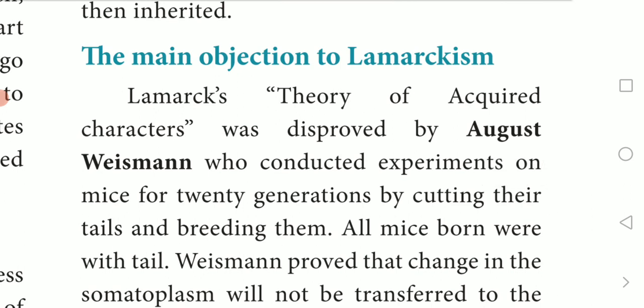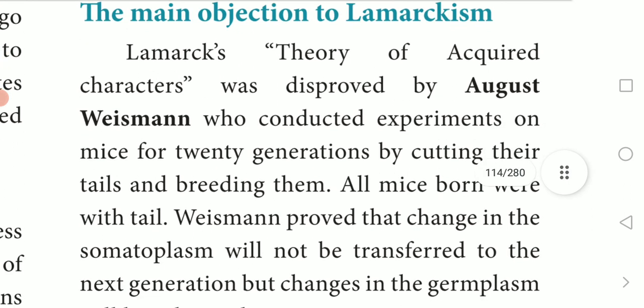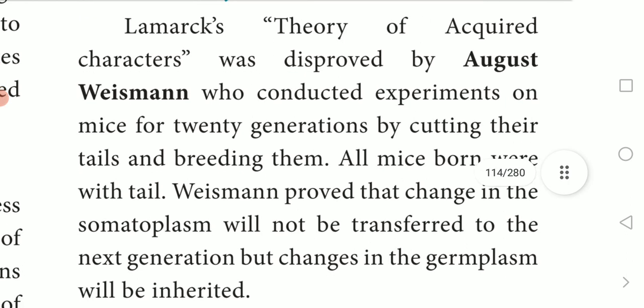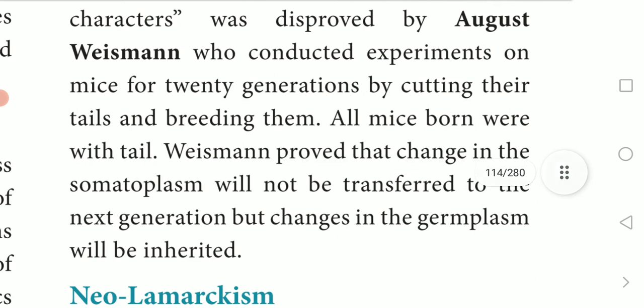And snakes are also used as an example for the disuse theory. The next is the theory of inheritance of acquired characters. The characters that are developed during the lifetime of an organism are called acquired characters, and these are then inherited.